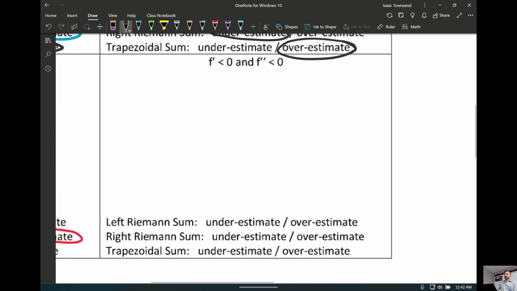Okay, now you try the last possibility. If your graph is decreasing and concave down, try to make a couple quick little sketches and answer those three and see if you get them right.